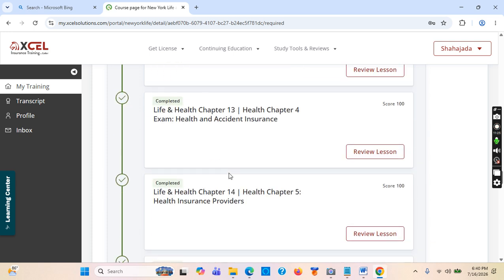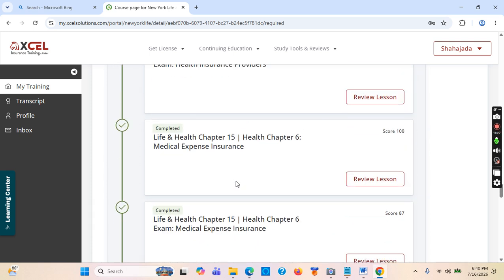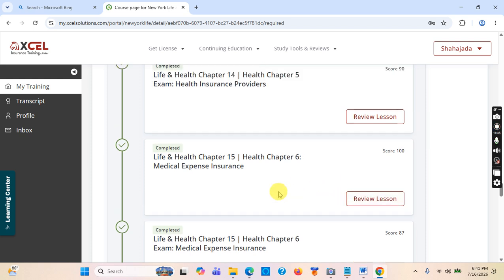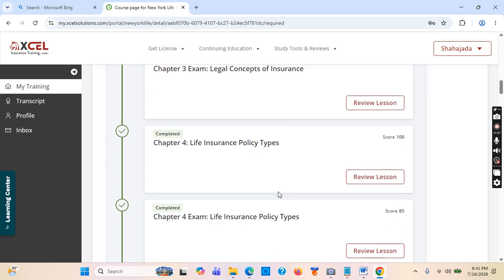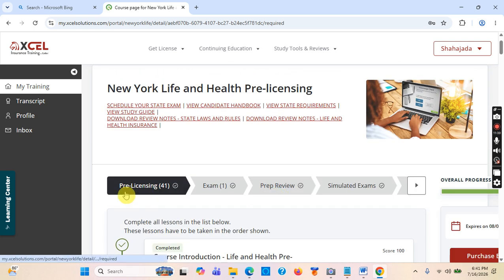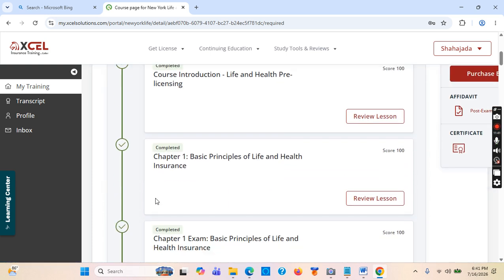I'll just randomly pick a chapter, like Life and Health, chapter 15, pre-licensing. I'm picking a chapter like basic principles of life and health insurance.